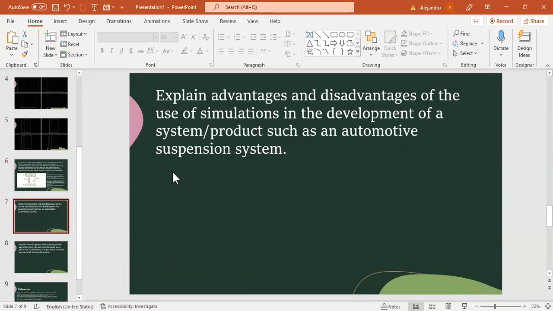The main advantages and disadvantages of simulations like this is mainly our preconceived idea of what's going to happen. When we simulate something, we kind of have an idea of what's going to happen, and that's kind of dangerous because we're supposed to be getting new information, and if we're only looking for information we already know, we're kind of missing the whole point.